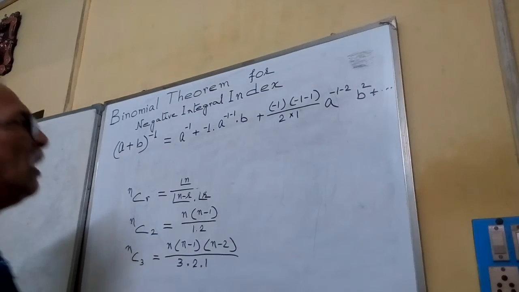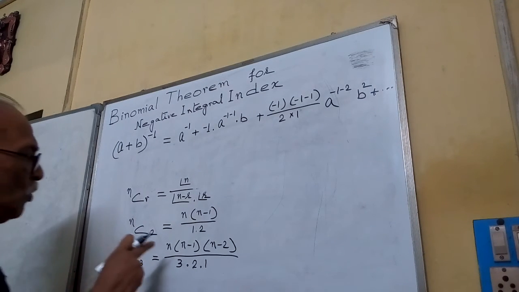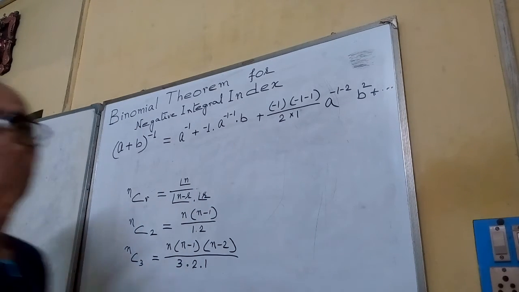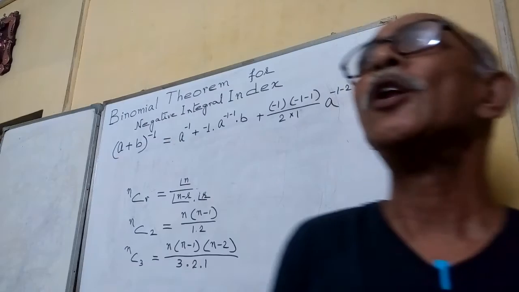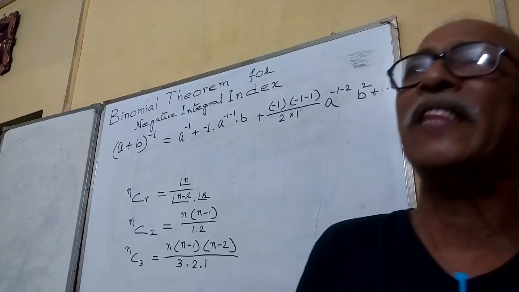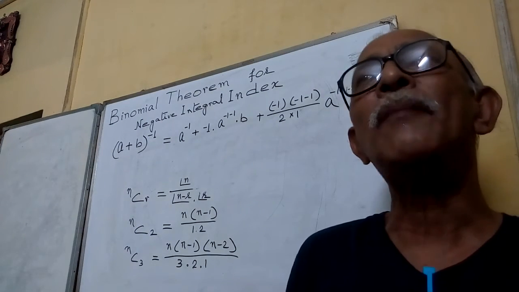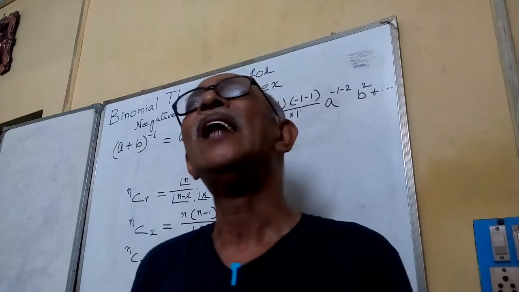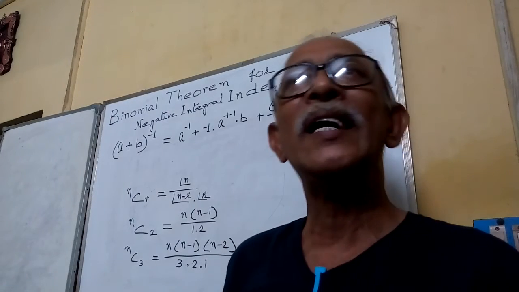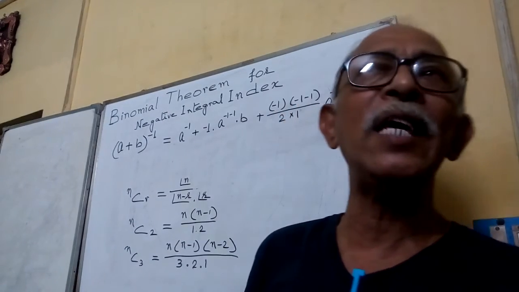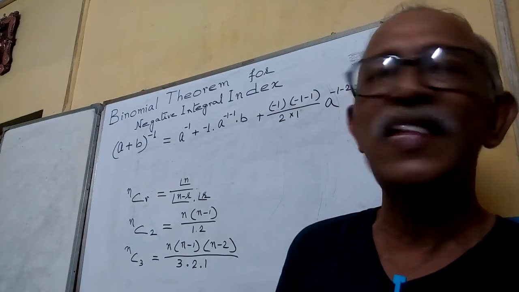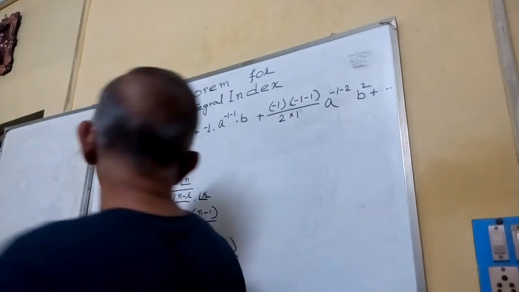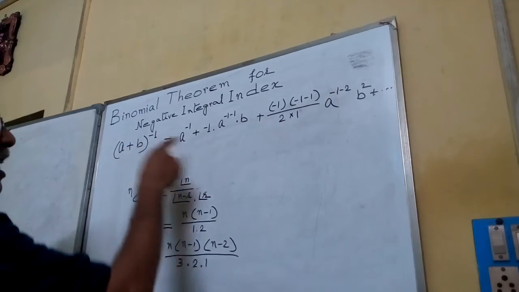See here, in the form we write with NCR, there is a condition. For combination of R things from N things, R is a positive quantity, N is a positive quantity, and R can never be greater than N. So that's why in general we are not writing this form for negative integral index.